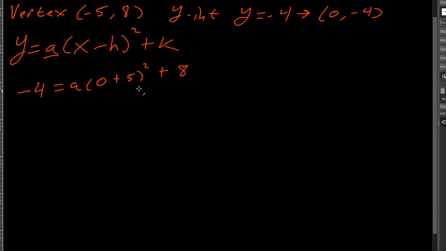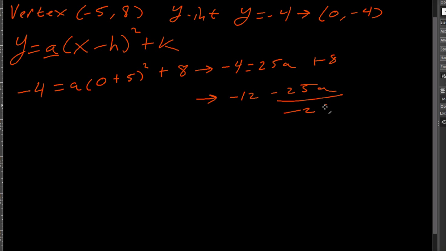Now I can solve for a because I have -4 equals 5 squared, which is 25, a plus 8. I can subtract 8 on both sides. This gives me -12 equals 25a. Divide by 25, so a equals 12/25.